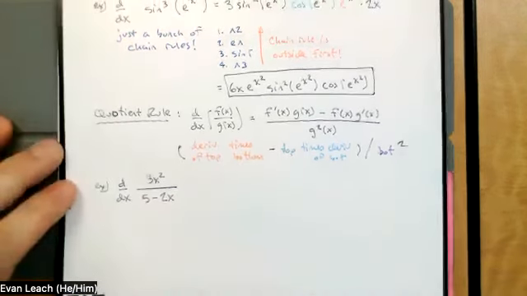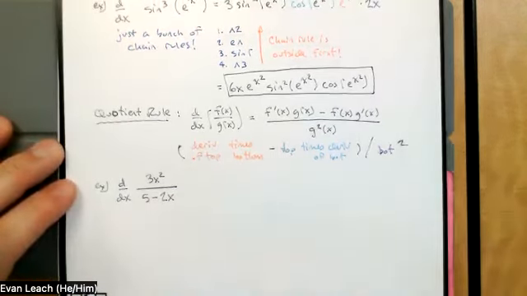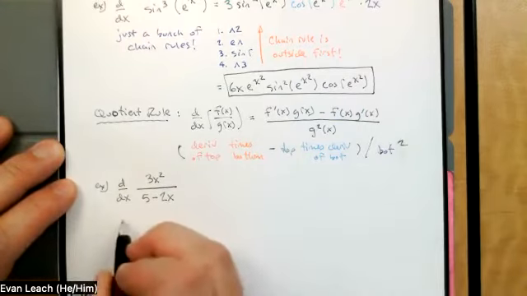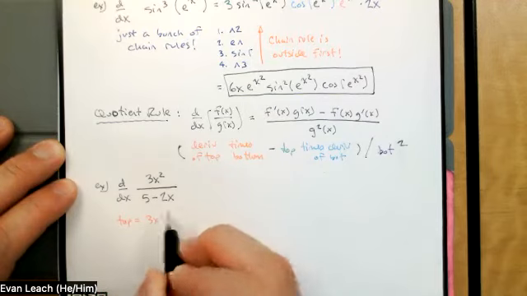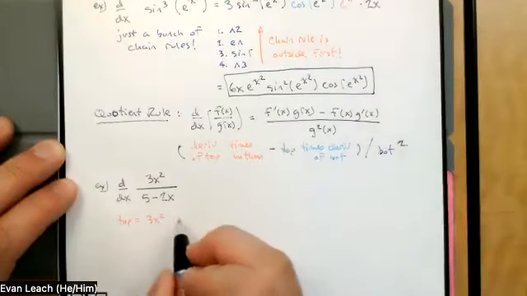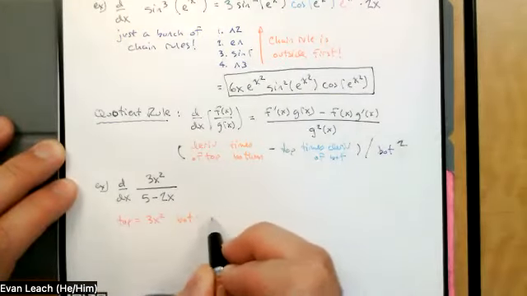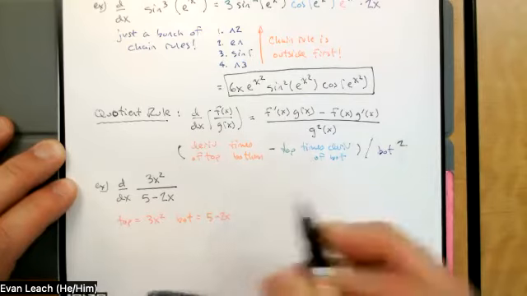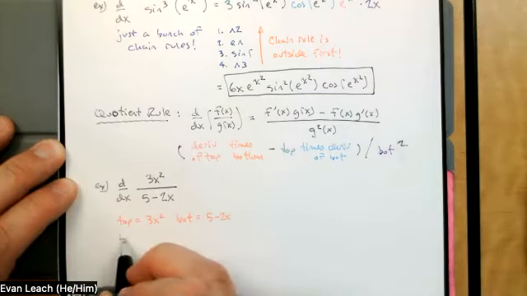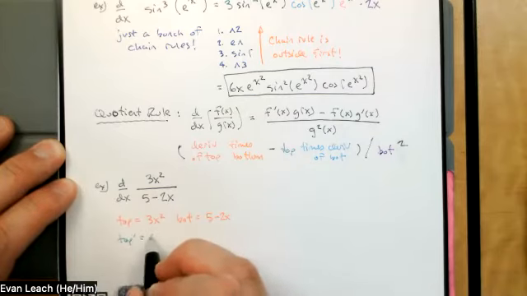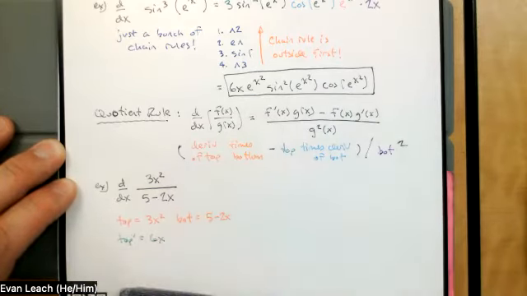We have a top. The top is going to be the 3x squared. And the bottom will be 5 minus 2x. We'll need as parts the derivative of the top and the derivative of the bottom.